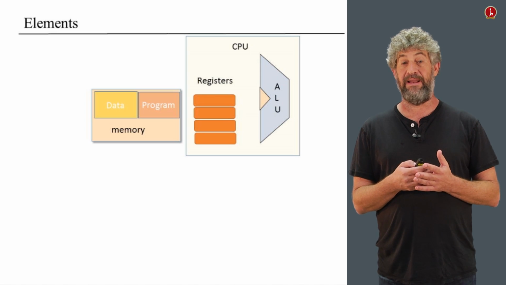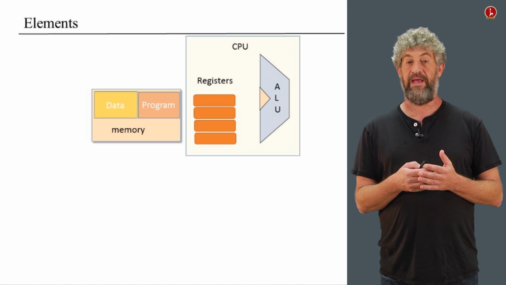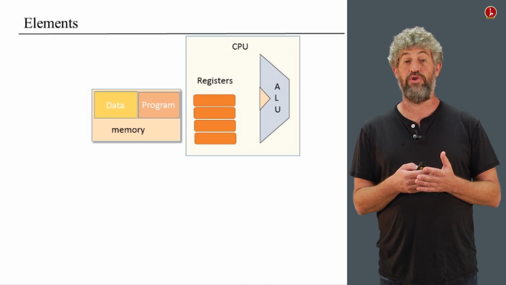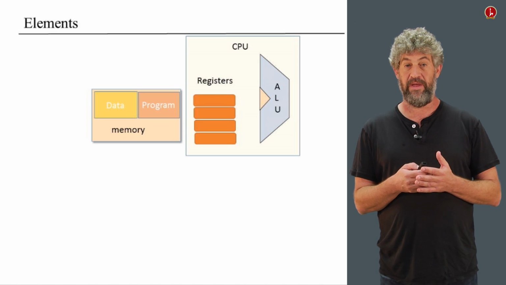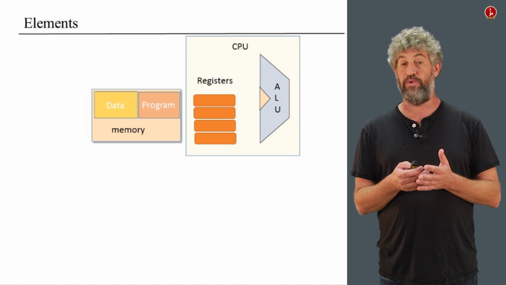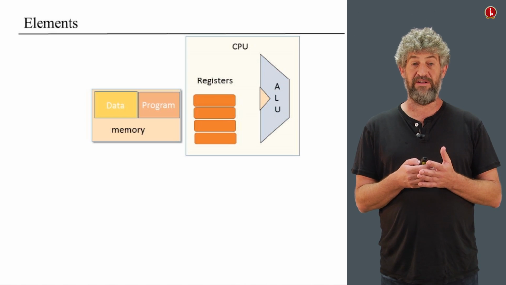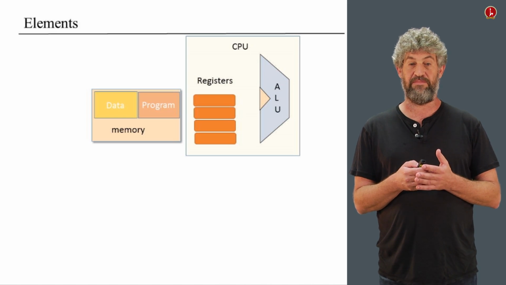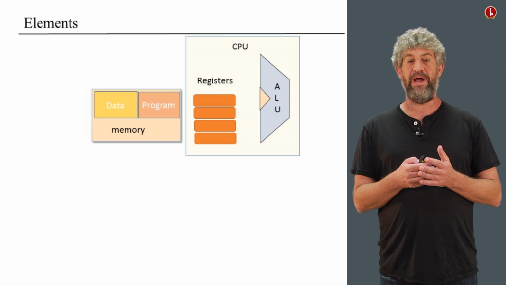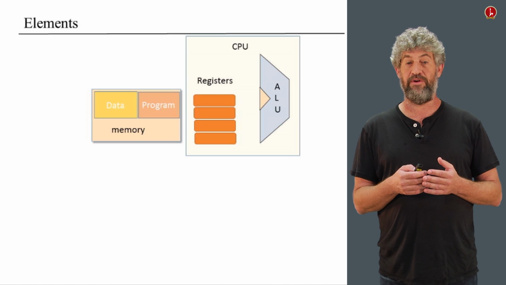The second element is a bunch of registers, a bunch of places where we can store data that we're going to use for the rest of the computation. This is basically the core of the elements that the CPU is built of. The memory itself, as we said, has two parts, the part that stores the program and the part that stores the data.